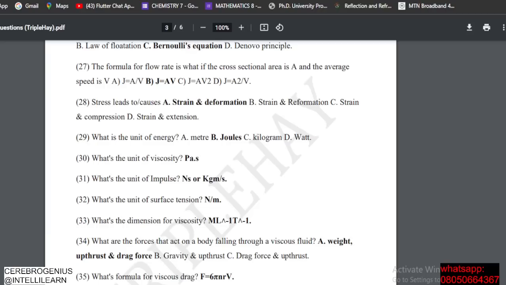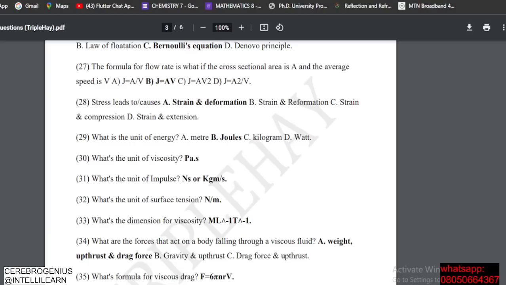So if this is axial stress, then we are stuck between picking either strain and compression or strain and extension, because longitudinal stress can either be tensile or compressive. If it is tensile, then it causes extension. If it is compressive, then it causes compression. But if the question says it is compressive stress, then it's going to be compression and strain.